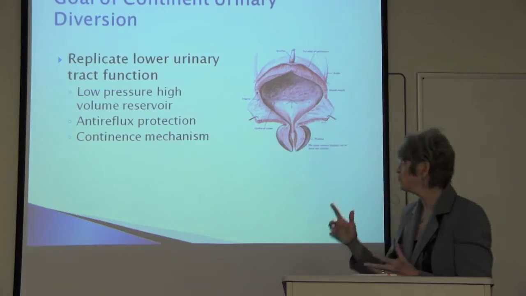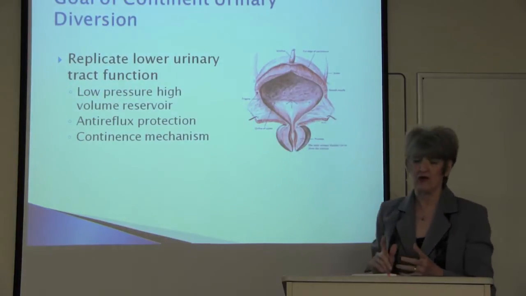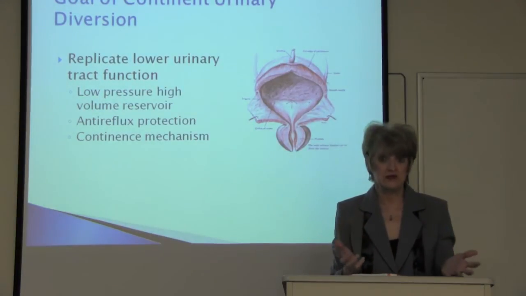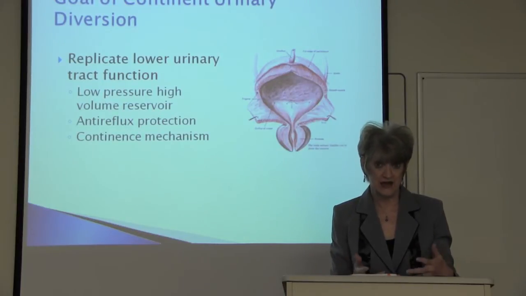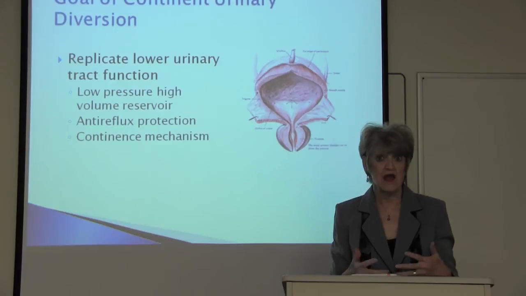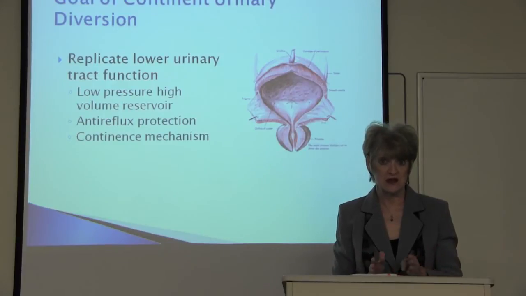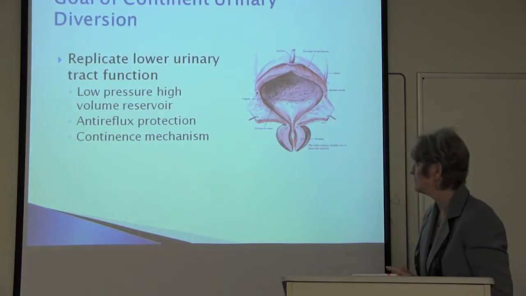So if we are going to replace this bladder with a substitute reservoir, that substitute reservoir has to provide protection against reflux, and has to minimize the risk of bacteria ascending the ureters into the renal pelvis.